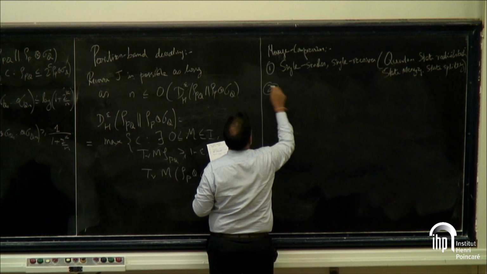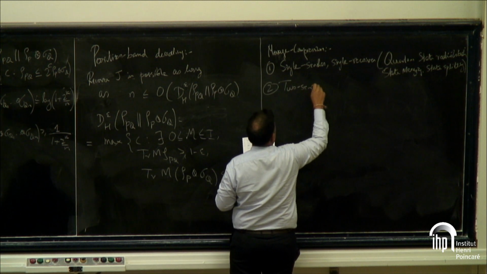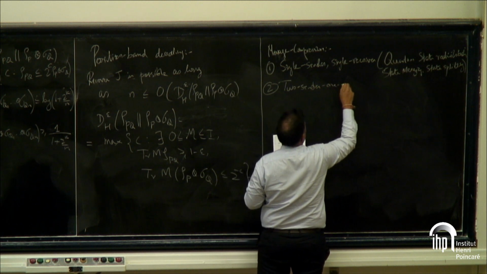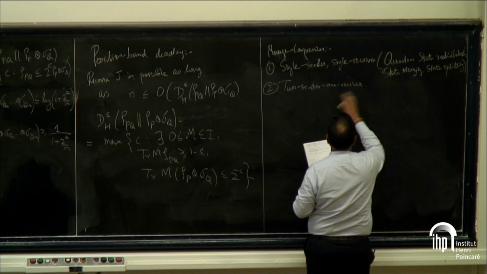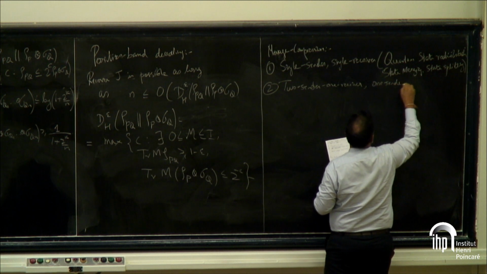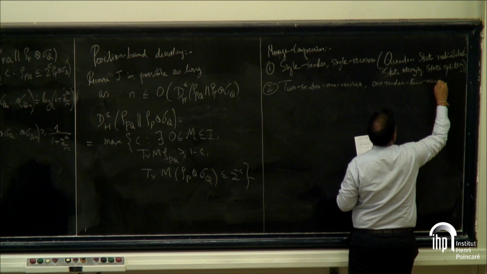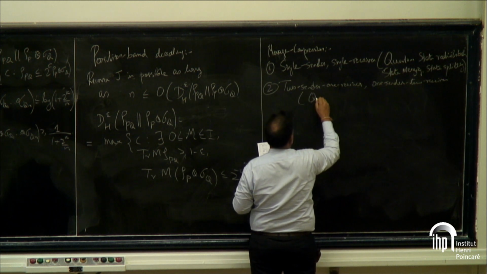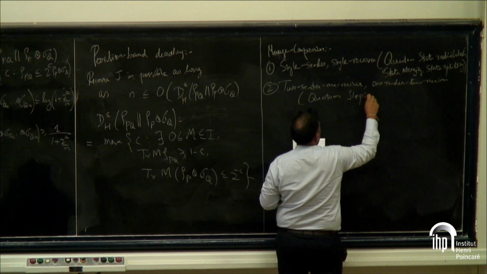Then two sender, one receiver, and the time reversed version of it, which is one sender, two receiver. This is commonly known as quantum Slepian-Wolf.